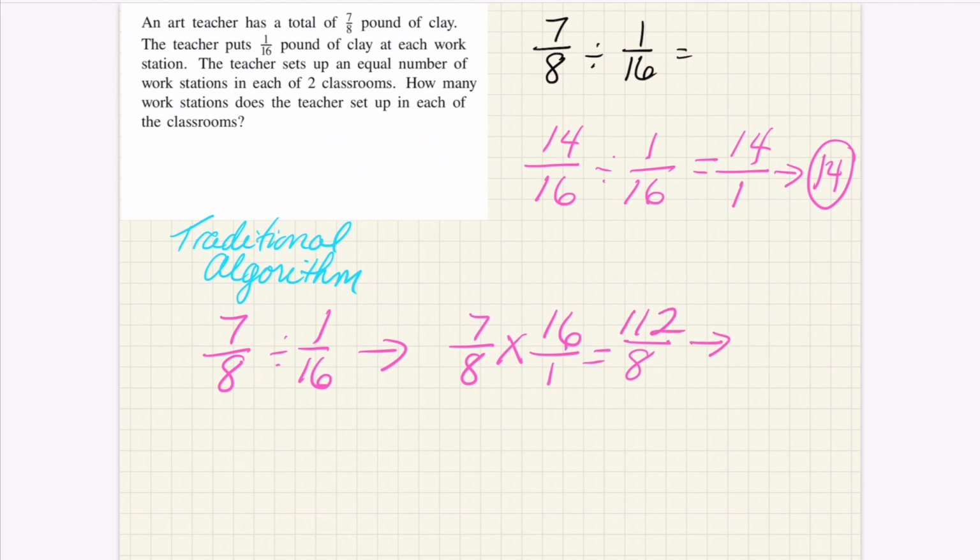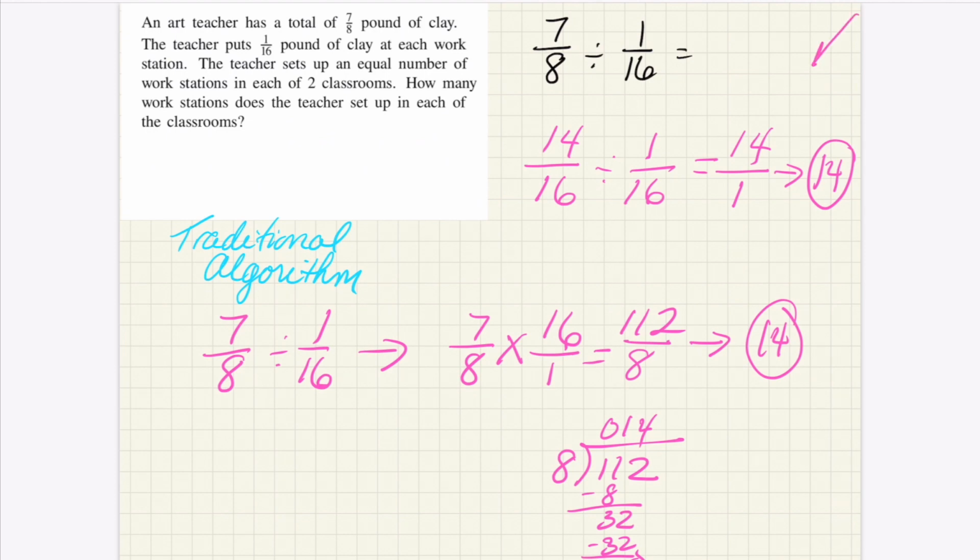I'm going to have to do some simplifying here because, of course, these numbers are really big. But I could also just use division. In this case, I think I'm going to try that. 112 divided by 8 gives me 14. So it does work. In this case, the easier way was just dividing from left to right.